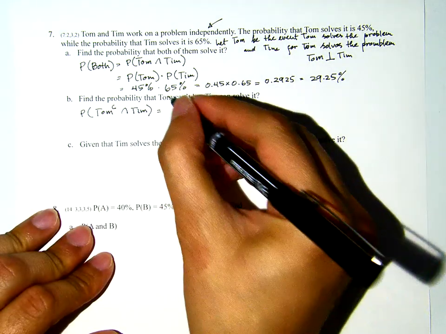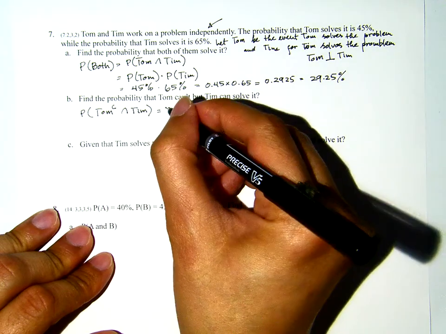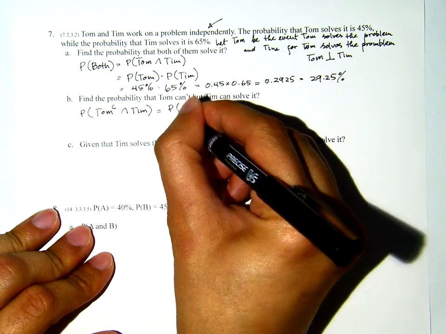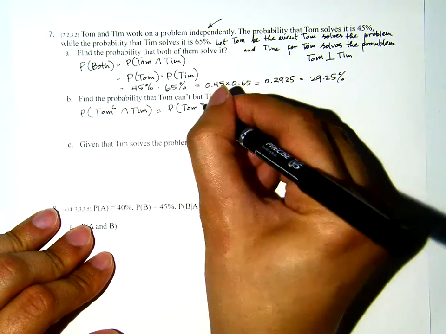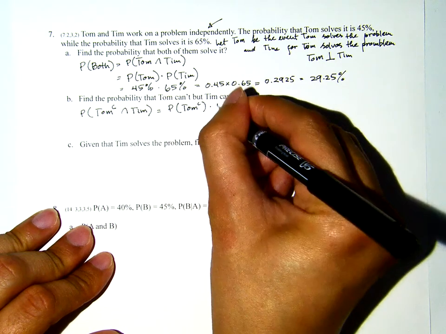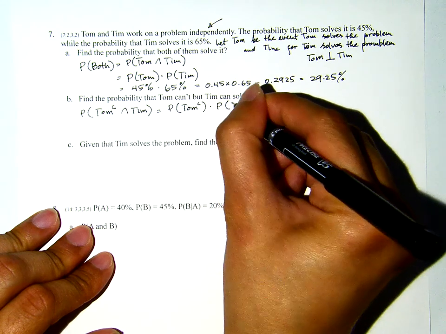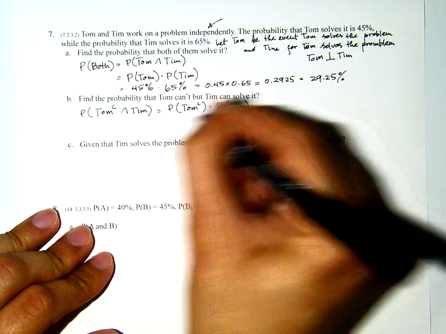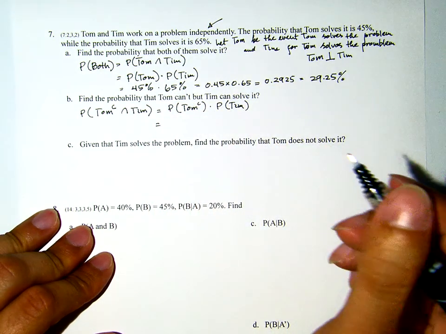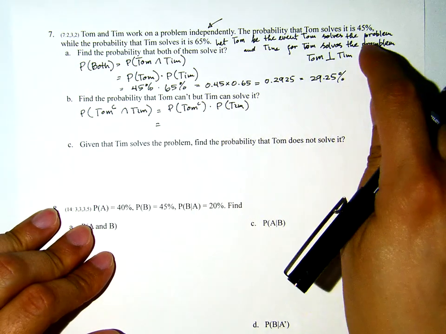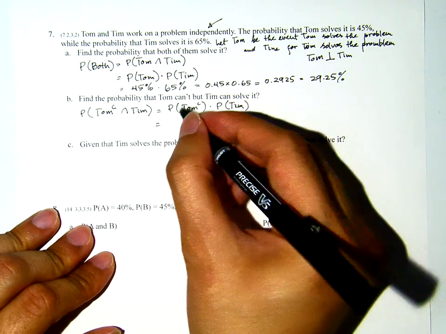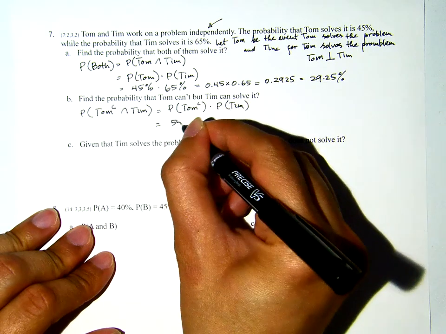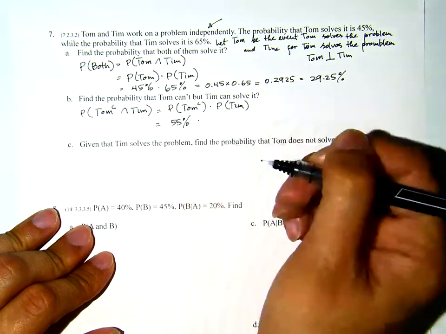Again, by independence, because there are two independent events, the probability of those two events happening equals the product of the probability of each event. The probability that Tom can solve it is 45%, which means the probability that Tom cannot solve it will be 100 minus that, which is 55%, right?